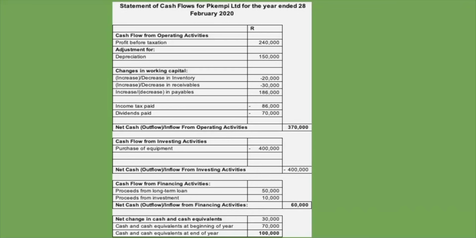Where would you record inventory? You would record it over here. And you can see we are recording only the increase or the decrease in inventory between the current period and the previous period. So if you have the inventory at the end of the current period and the inventory at the end of the previous period, the difference between the two would be recorded in the statement of cash flows. Now, if the inventory has increased from the previous period to this period, if it has increased by 20,000 like we see in this example here, we put it as a negative in the statement of cash flows.